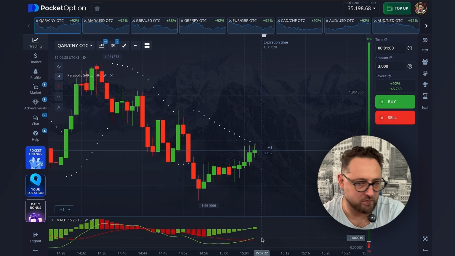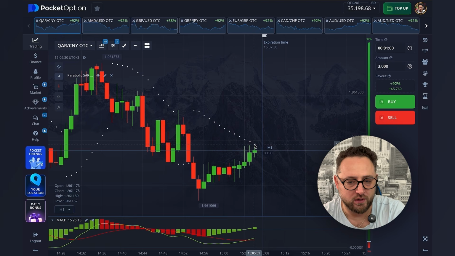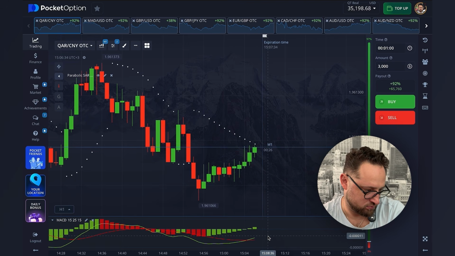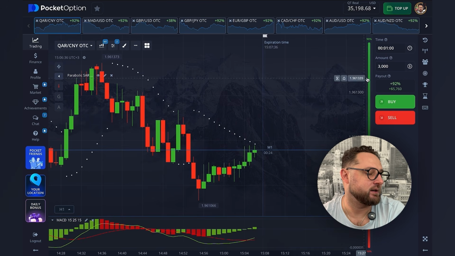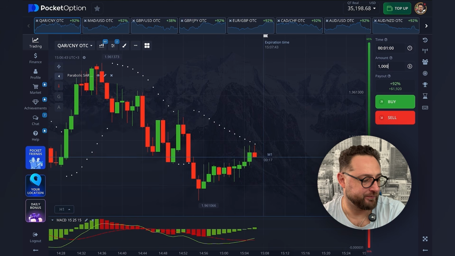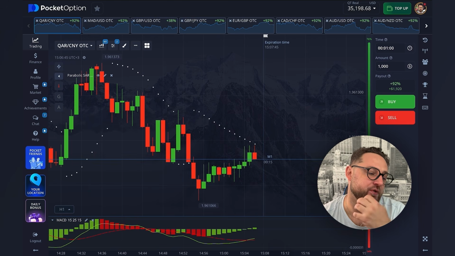Perfect example. MACD crossover. Lines with SAR. But SAR is still showing us a downtrend. Well, good example, but not perfect, you know.